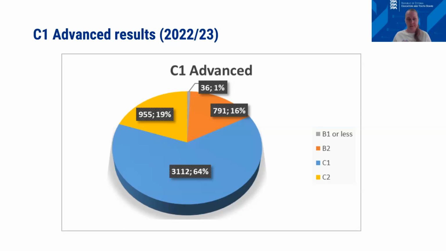And this is really a very good result. And as you can see from this pie, we had 19% of the almost 5,000 students who received C1 level from this exam. So the teachers have been doing amazing work.